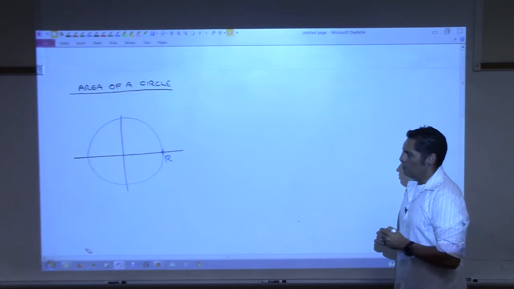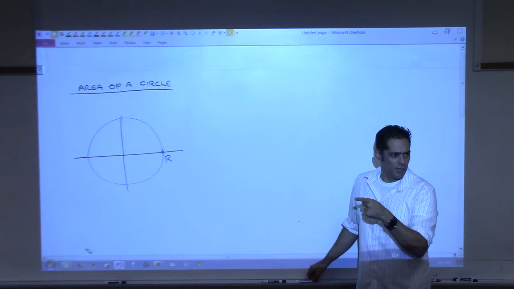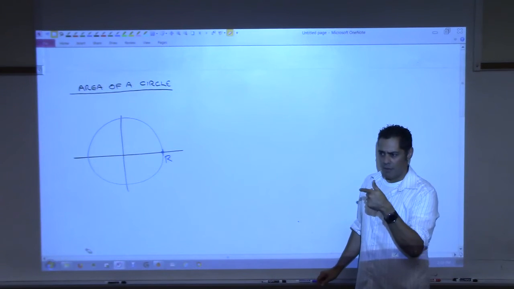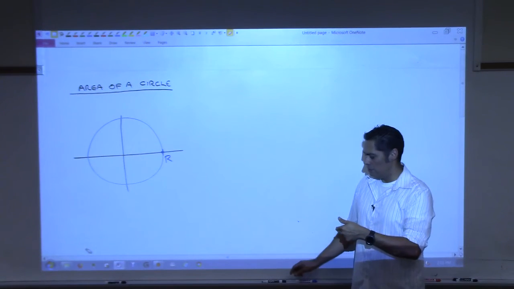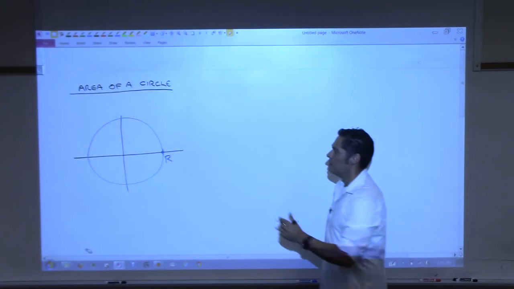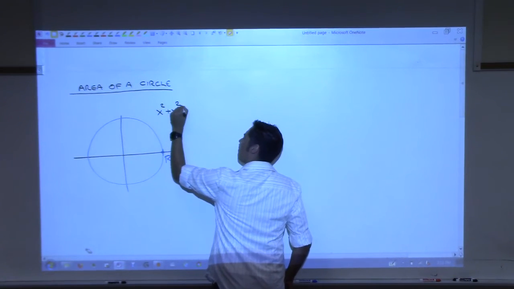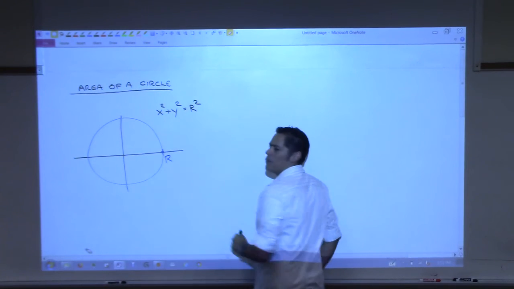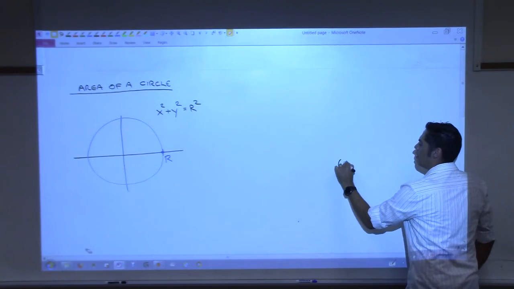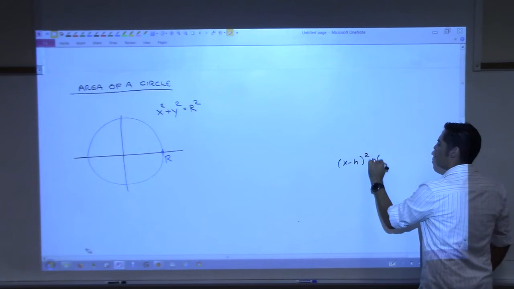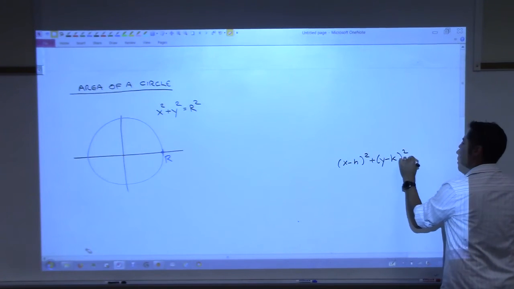Now, do we know the equation of a circle centered at the origin with the radius of capital R? This you have to remember from pre-cal. I'll put it up here, see if it looks familiar to you. I'm using this formula: x minus h squared plus y minus k squared equals r squared.